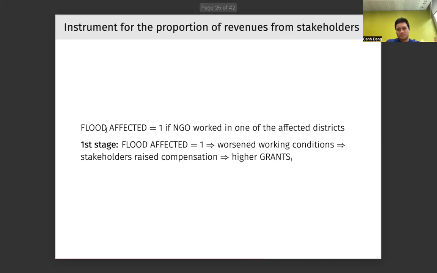So our first stage is pretty simple. If an NGO was working in the most affected area, they would be receiving a very high level of income. They will be attracting a higher level of donations from international donors. Their business income is going to be affected as well because they wouldn't be able to offer business activities. So working in one of those affected areas would be associated with a higher level of grants.